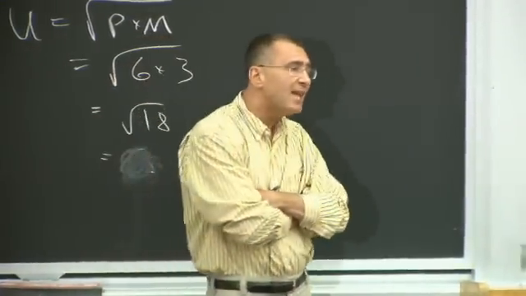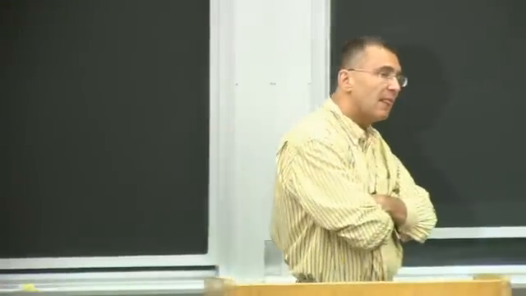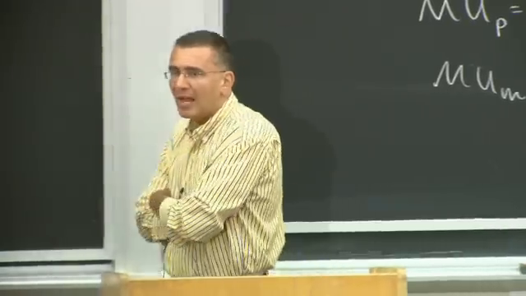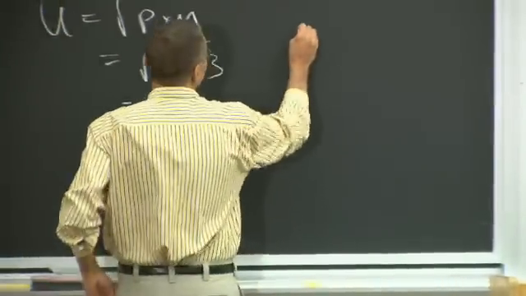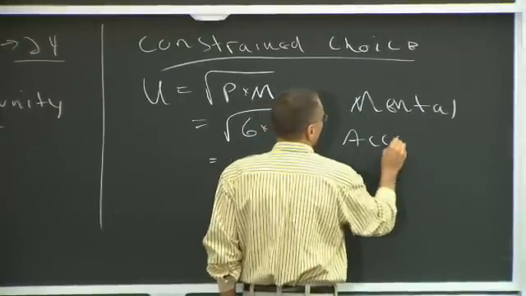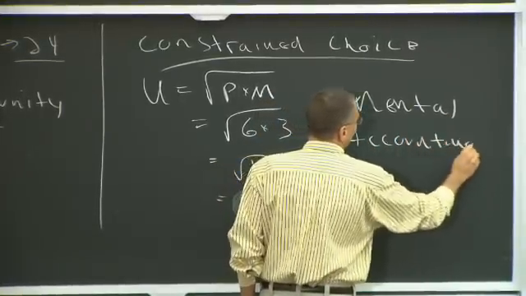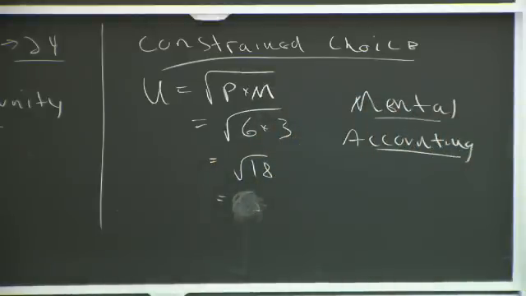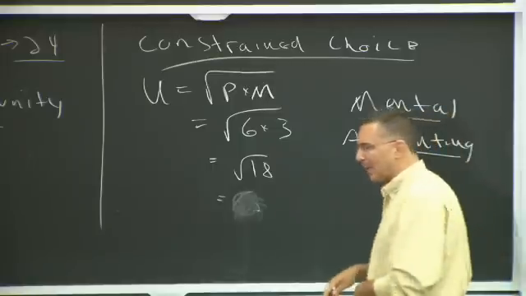But in practice, we can often think about breaking down the choices we make into pairs of choices. Many people do what a lot of psychologists call mental accounting, where basically they say, look, yes, I have a whole budget and lots of things I can buy. But I like to think of my budget in subcategories. I think of a certain amount I'm willing to spend on entertainment, and a certain amount I'm willing to spend on food.